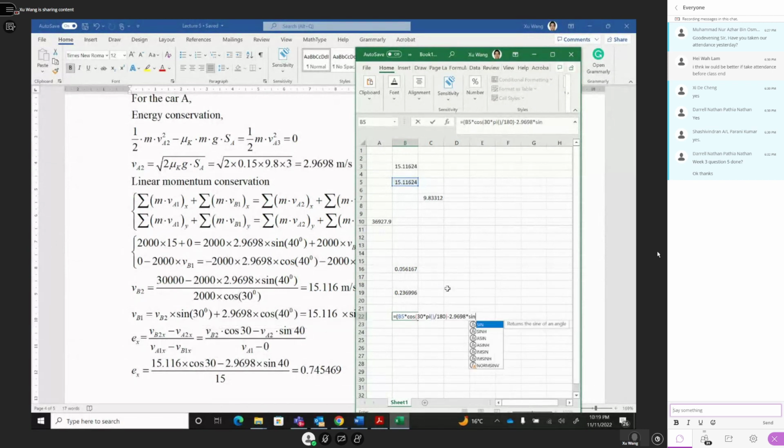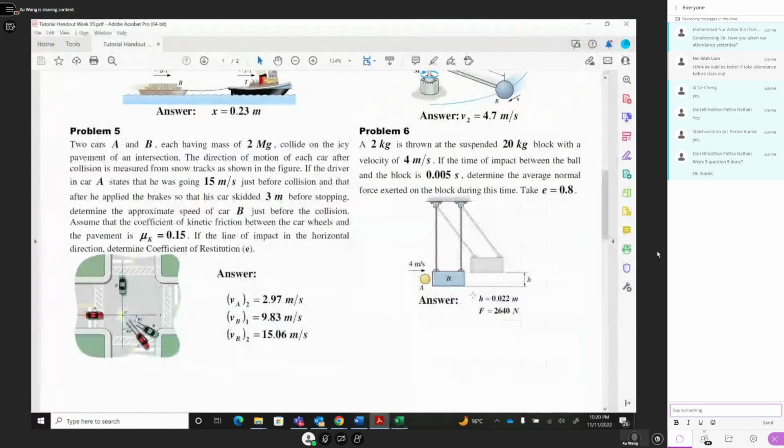Multiply sine 40. Be careful, this degree has to become radian. Multiply pi divided by 180. And this is a sine, okay? Then this one has the bracket again. This is the numerator divided by the denominator, 15. And this is your final result, 0.745473. Okay, you check your results.